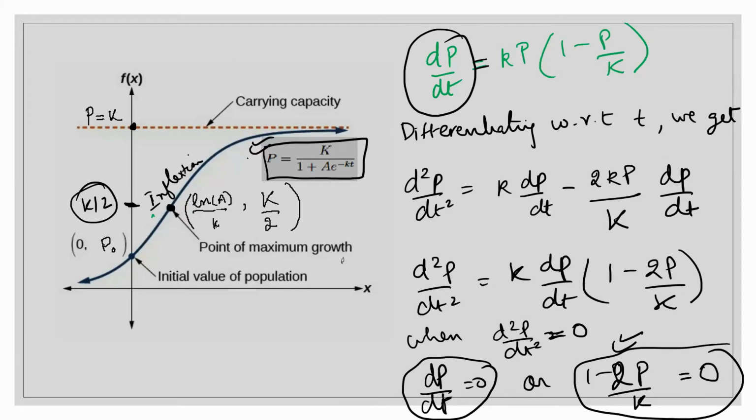So this point is very important and it will show you the maximum point of growth. This is increasing, this will be the maximum, and after this point the rate of growth of population will decrease. And here also the rate of growth will be 0.